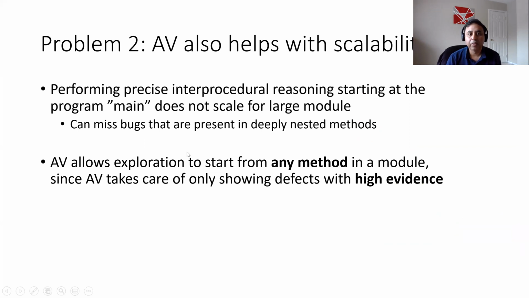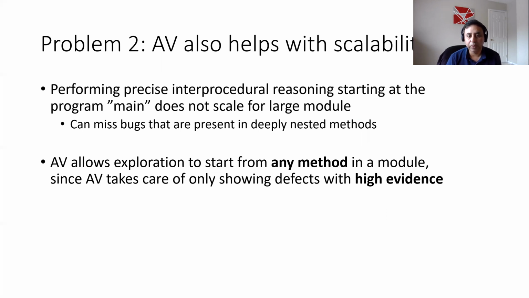And interestingly, AV also helps not only with the precision problem, but also scalability in the following sense. If you have methods that are deeply nested inside a large module, it may be very hard to reach that method starting from the entry point main.